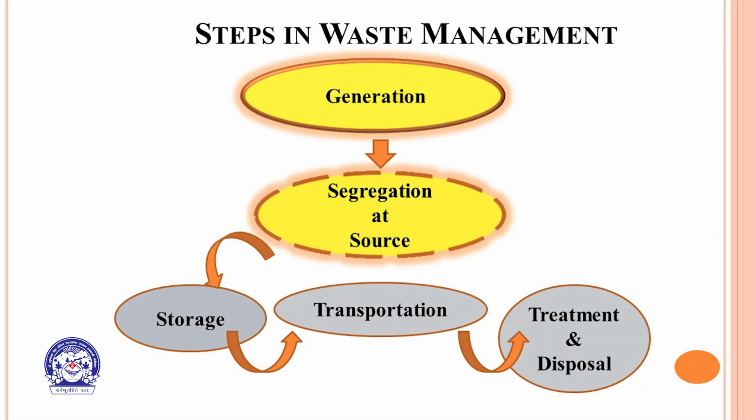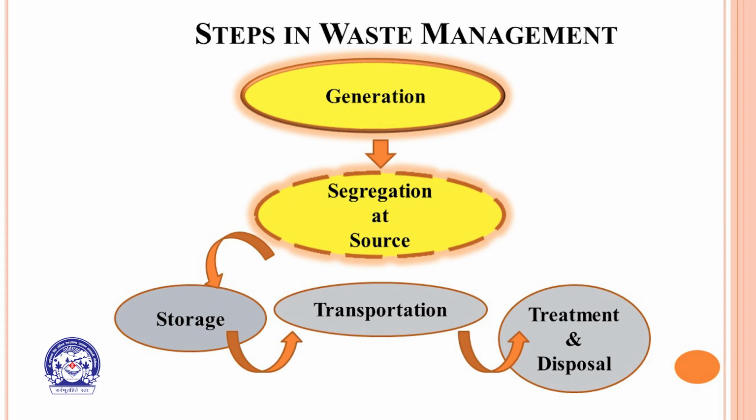Now, what are the steps involved in waste management? First and foremost is generation, the place where the waste is generated. So waste management starts at the point of generation only. Then comes segregation, which should always be done at the source of generation itself.